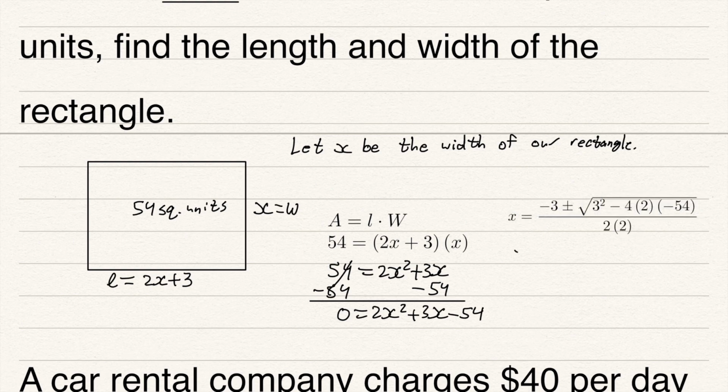So now x will be equal to negative 3 plus or minus the square root of 9 plus negative 4 times negative 54, which will become a positive. 4 times 2 is 8, 8 times 54 is 432, all over 4.